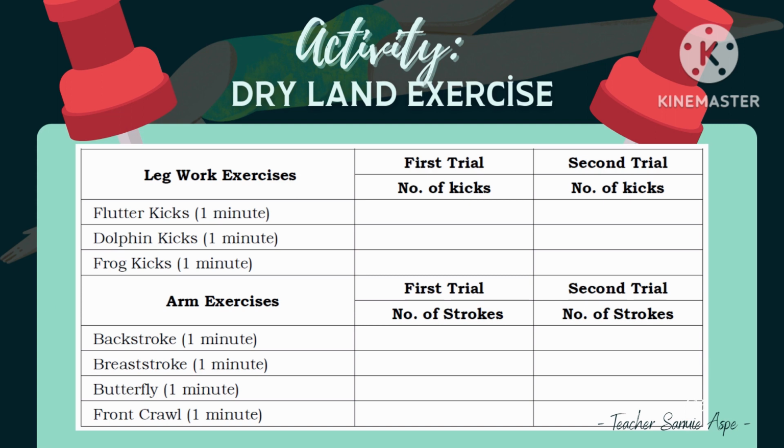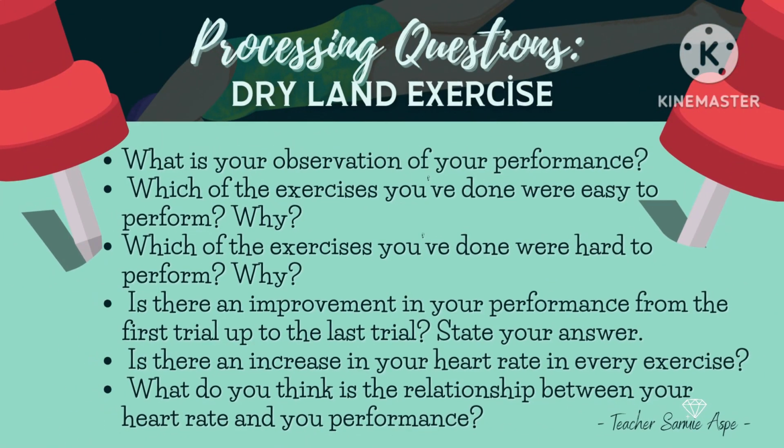Number 4, after each exercise, record your heart rate. Number 5, rest for 1 minute, then repeat the exercises. Number 6, observe the proper procedure in doing the different skills.